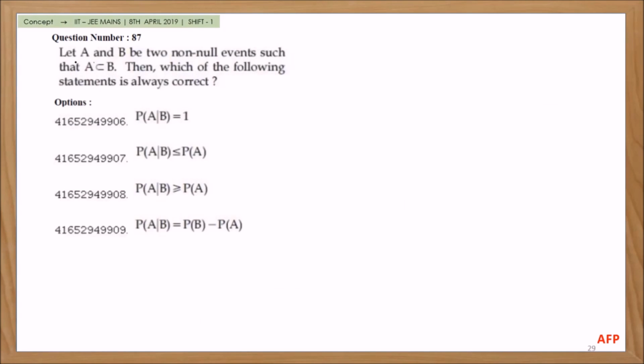Next problem. Let A and B be two non-null events such that A is a subset of B. Which of the following statements is always correct?